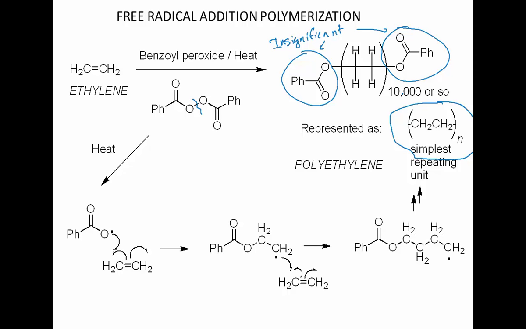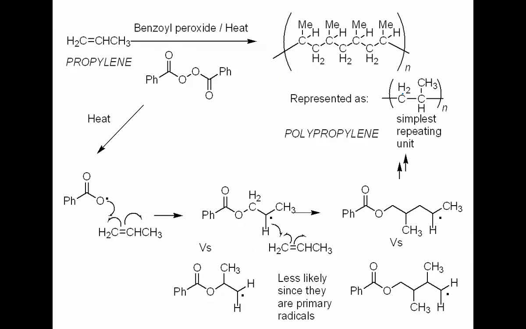Okay, ethylene's symmetrical. Let's look at what happens if we have an unsymmetrical compound like propylene. Propylene, if subjected to the same conditions, also makes a polymer, but notice how the methyl group perfectly alternates in this structure here.